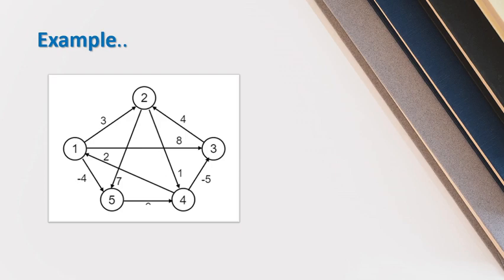In this case, there are 5 vertices, 1 to 5. So how many pairs are there? Let's consider this one as a source vertex. Then there is a shortest path to the other vertices, that is from 1 to 2, 1 to 3 and 1 to 5.